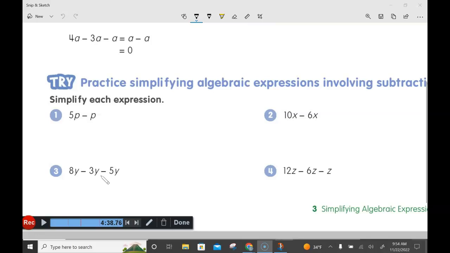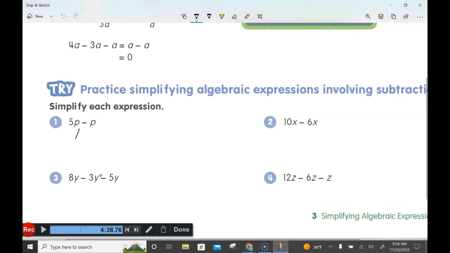All right, so again, understand whenever a variable is all by itself, 1 is understood to be in front of the variable. So we just think about 5 minus 1 is going to give us 4. Then again, variable stays there. 10x minus 6x, you just subtract the coefficients. 10 minus 6 is 4, and the variable stays the same.